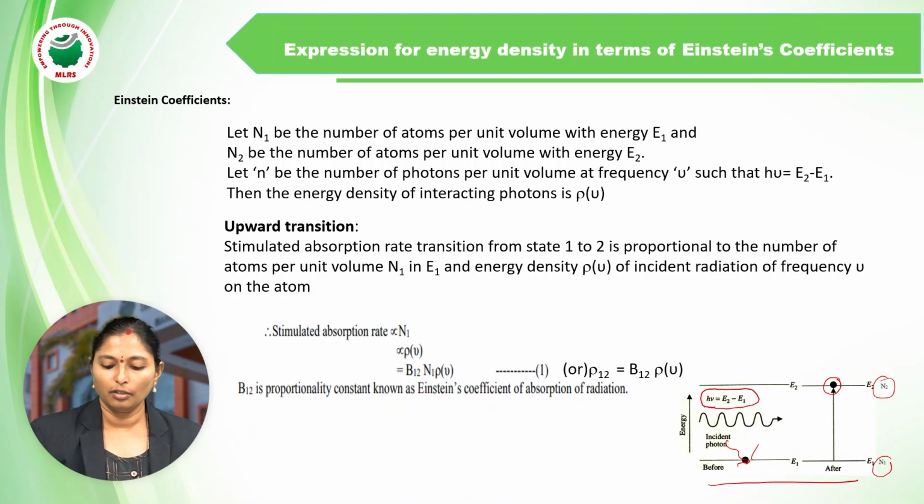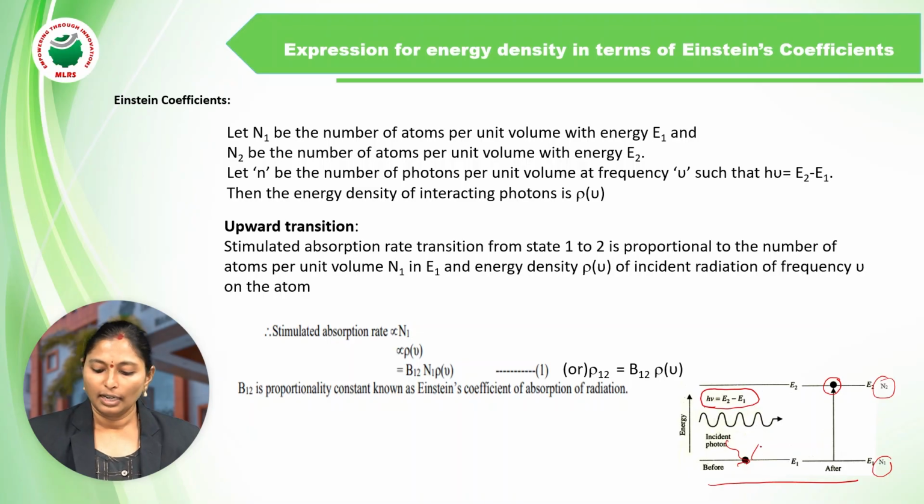Here we can see the Einstein coefficient for this absorption process. With the help of these three processes, we are going to determine the probability value. In the previous class, we said that these quantum processes have a dual nature: first, quantized energy levels in quantum mechanics, and second, the dual nature, meaning particle nature and wave nature together.